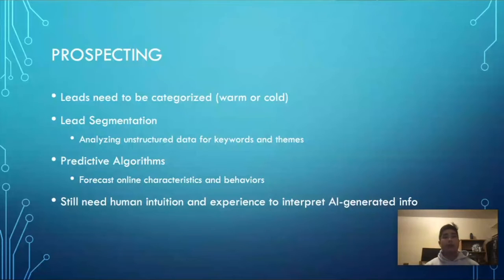This could be in emails and social media, so it can identify certain types of patterns that will help forecast whether a lead would be cold or warm. It is still important to realize that there needs to be some type of human interaction to interpret this AI-generated information.